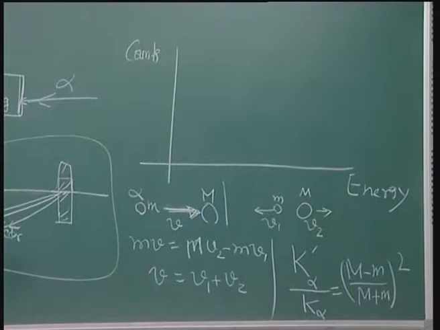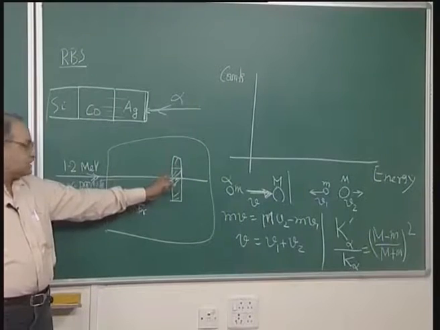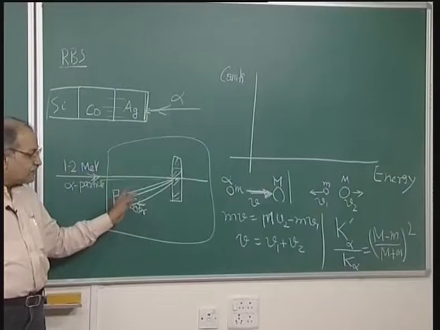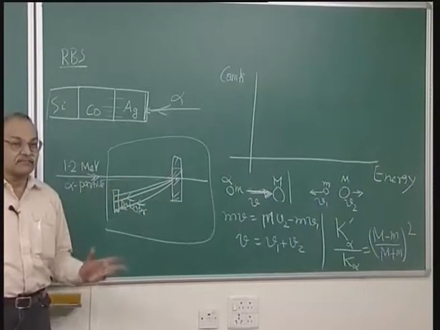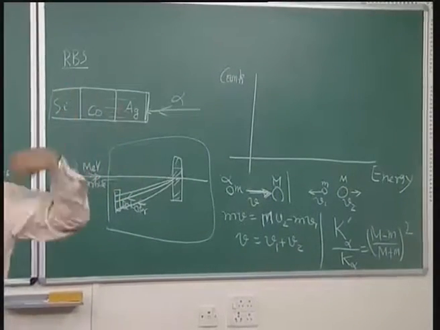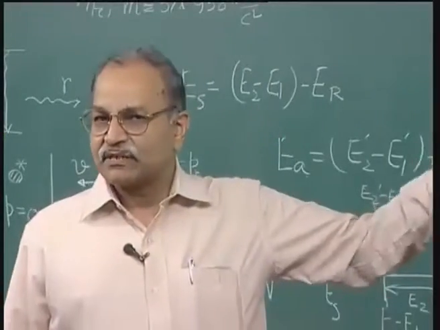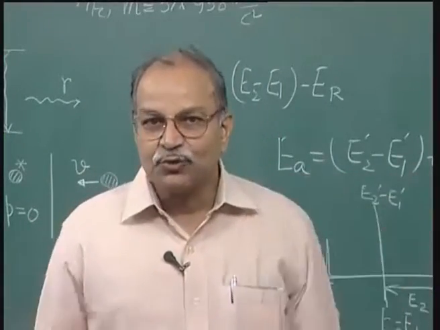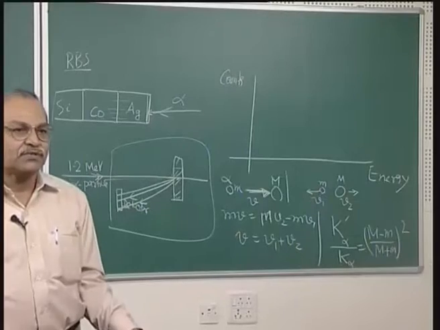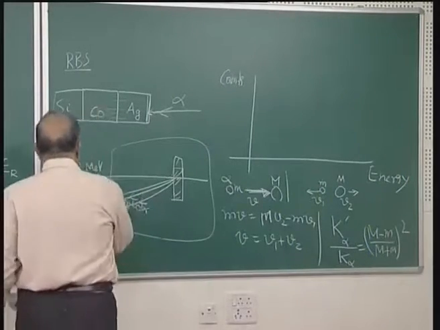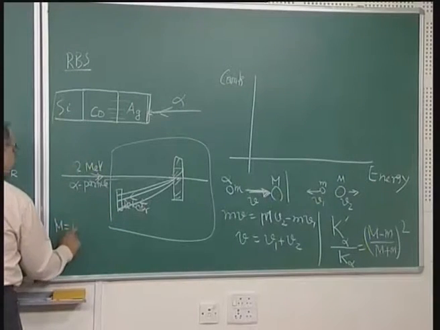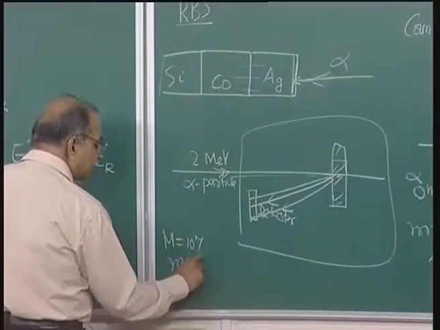So if it is scattered from the surface, the energy of this alpha particle as detected here will be reduced by this factor. If you take account of the proper theta at which the detector is placed, the expression will be slightly more complicated, and people do use that. This is only to show that there is a factor by which the kinetic energy is reduced. So if this beam is say 2 mega electron volts, and for silver M is 107 and small m is 4.